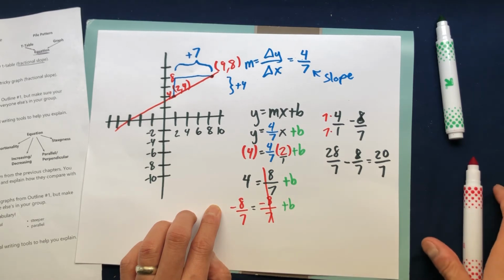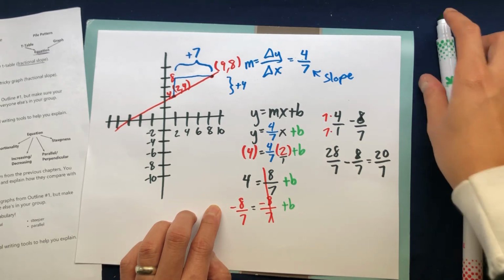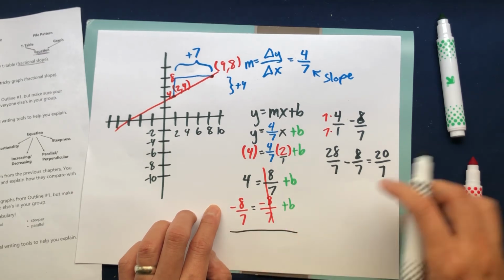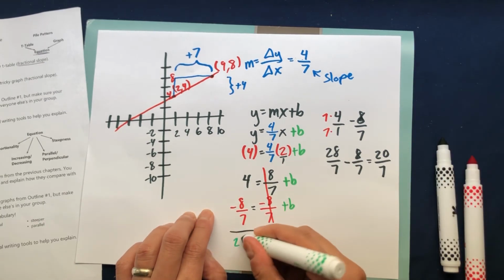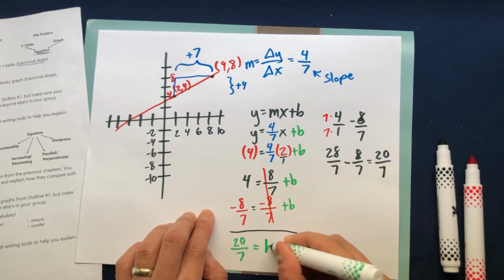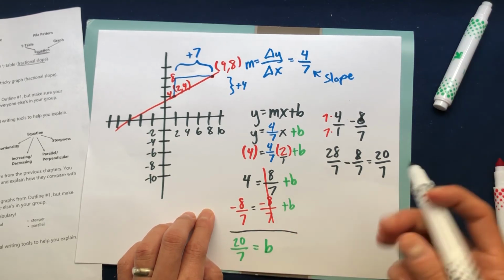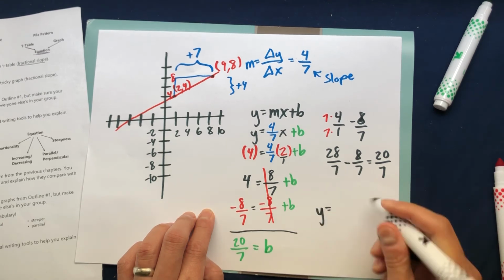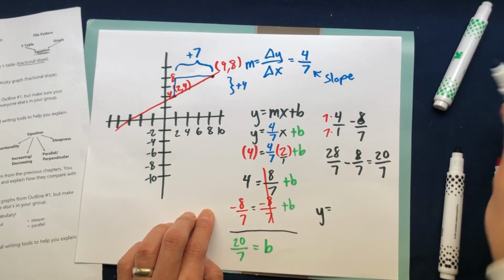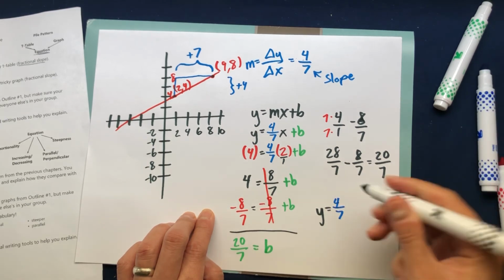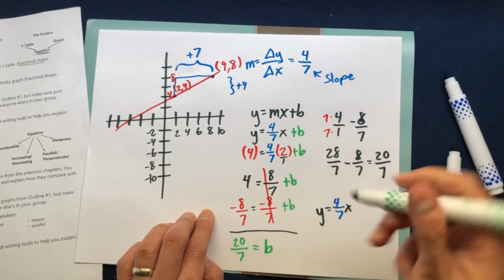So that's going to be our b. So now we have 20/7 is equal to b. Our final equation is y equals 4/7 x plus 20/7.